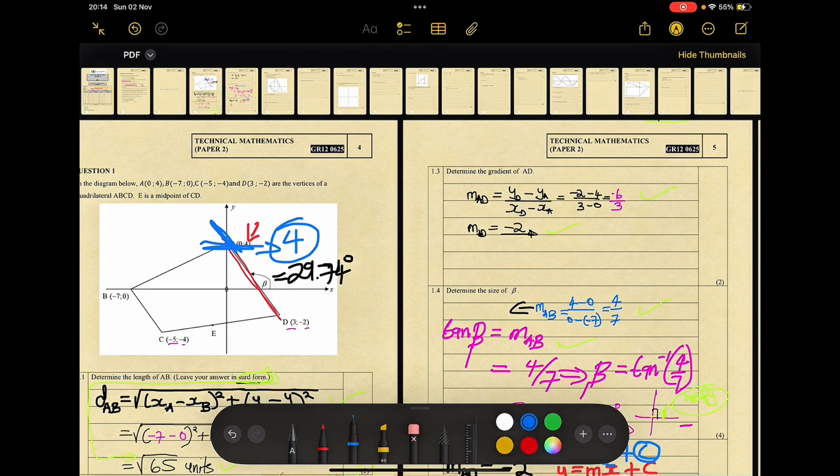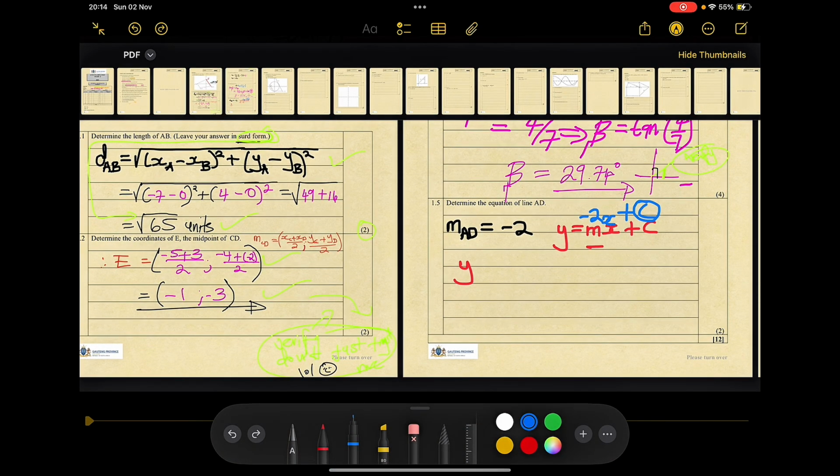Where our graph cuts. If you all agree, then can you please proceed? I think we can all agree. So it's going to be y equals 2x plus 4. Simple as it is.